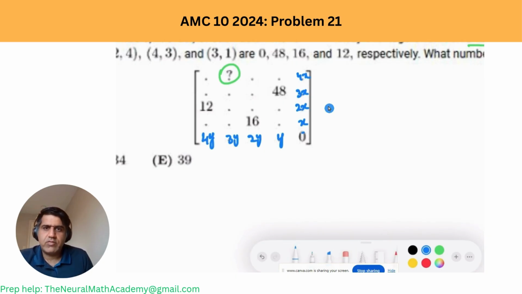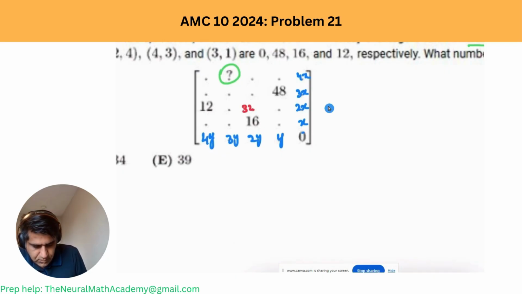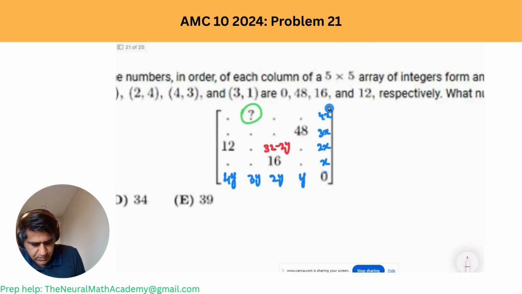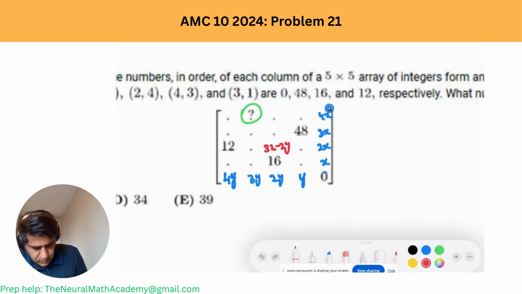Now what I have to do is establish the relationship between these terms and some of the numbers which are given for some positions. Based on the fact that this is an arithmetic progression, I can write this number as 32 minus 2y. Then the next number I can write as 48 minus 4y.